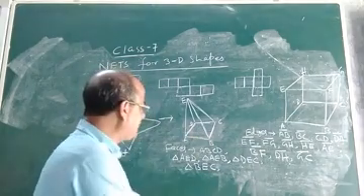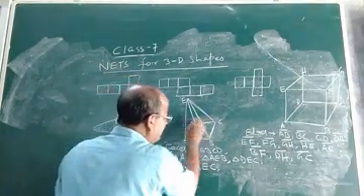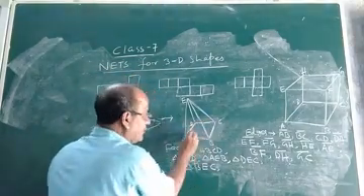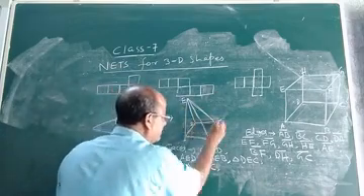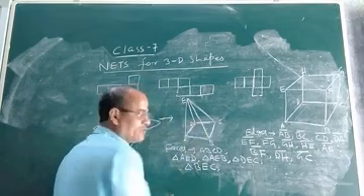So why is it a pyramid? See, here the base is ABCD. It is a square. In this solid, the base is ABCD, which is a square.